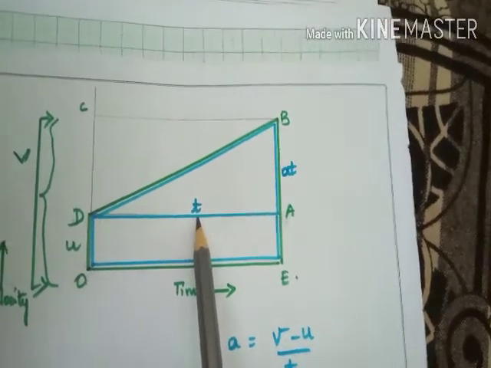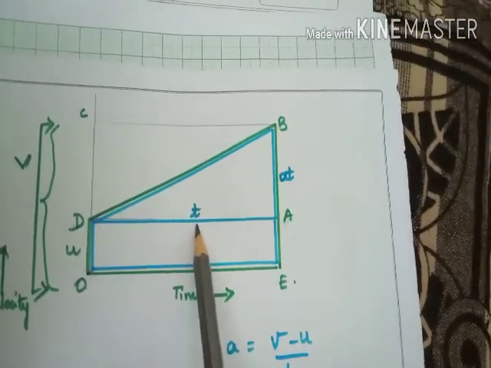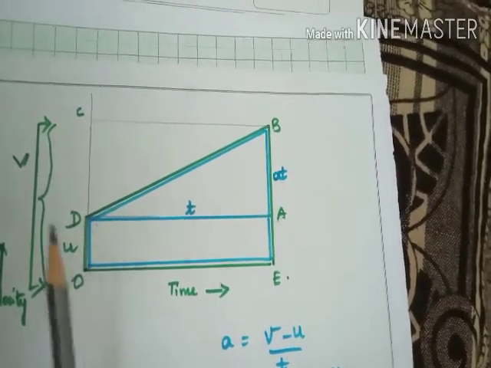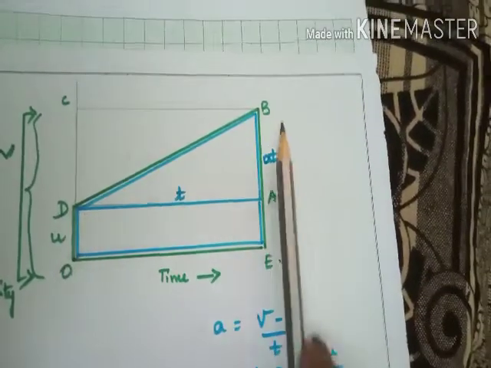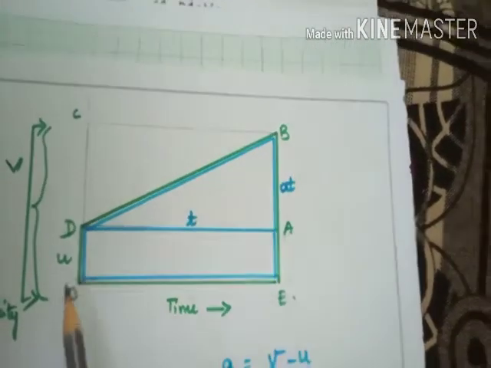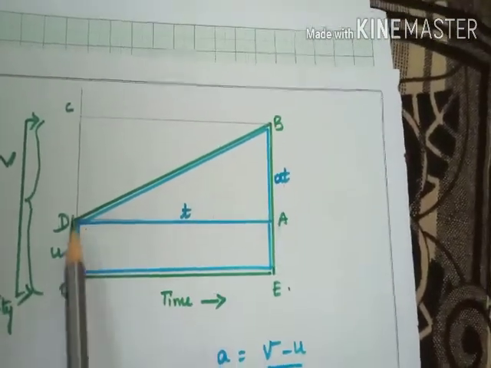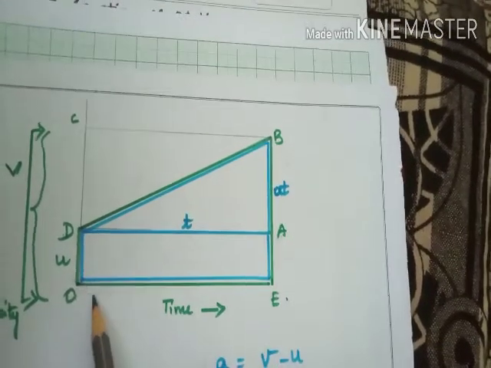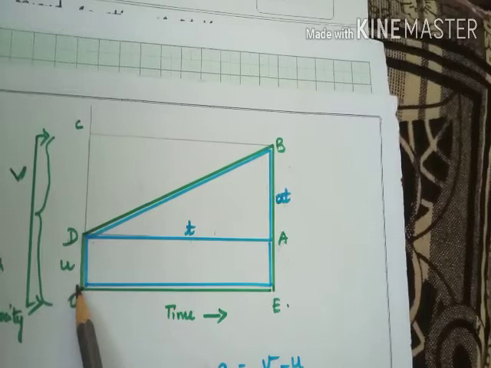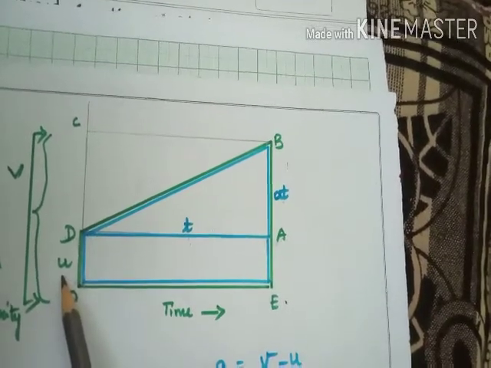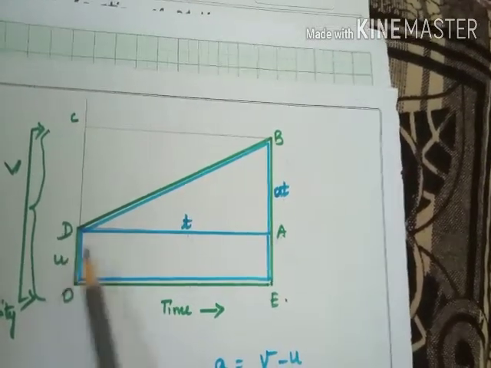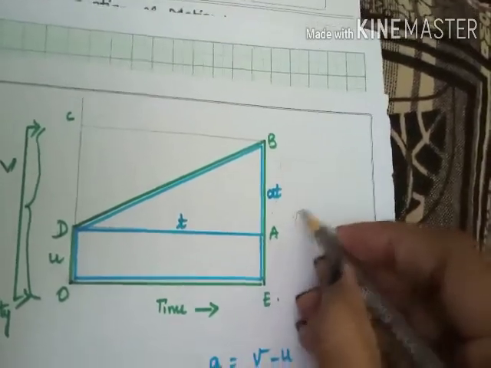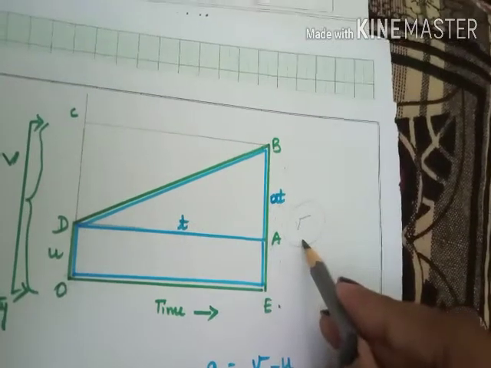Now what is the formula I told? Sum of length of parallel sides. The two parallel sides of the trapezium are OD and EB. OD is one side and the other side is EB. What is the value for OD? We have the value U. And what is the value for EB? We have the value V. How is it possible?